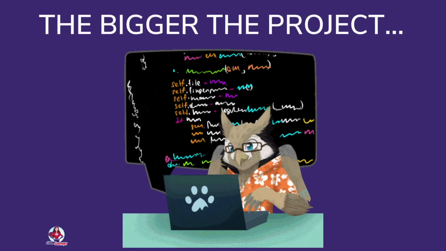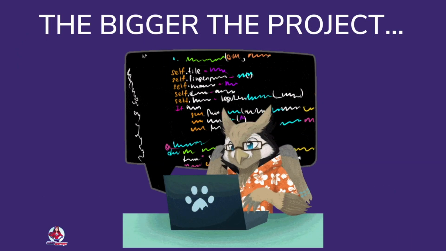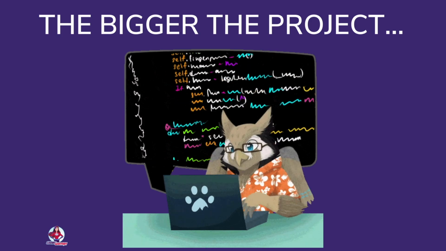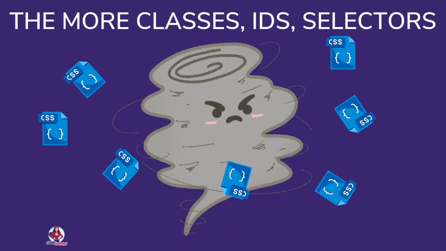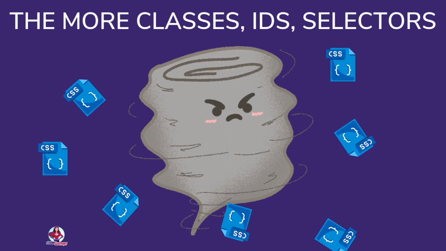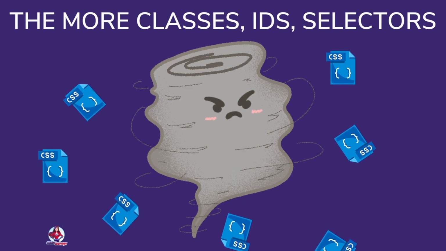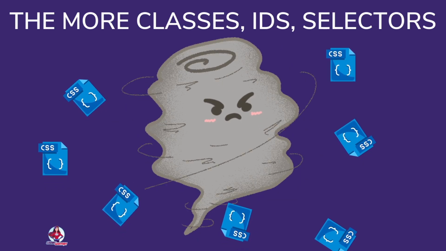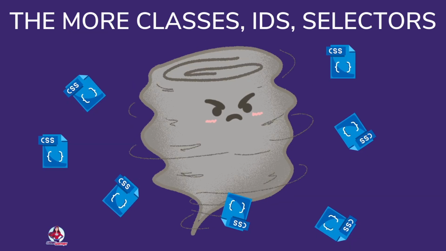See, when you start writing bigger and bigger projects, your CSS code can look like a tornado just ripped through it. A total mess and chaos. You may begin to lose track of selectors, classes, and IDs.